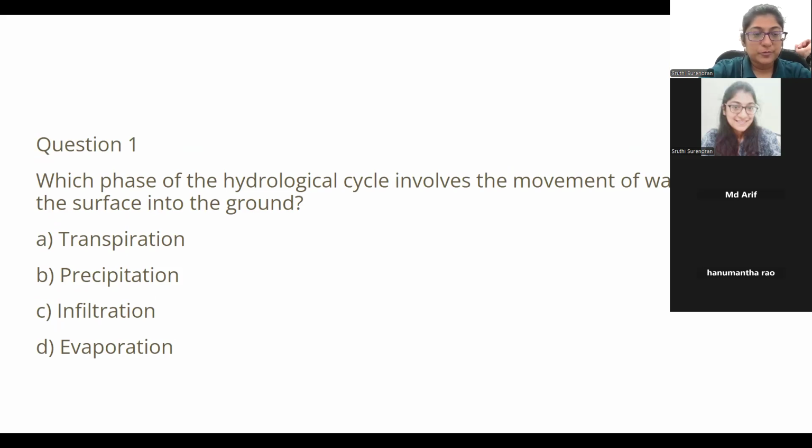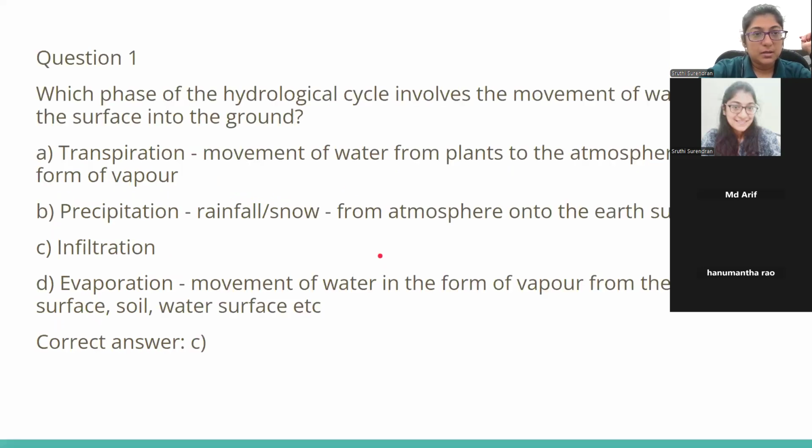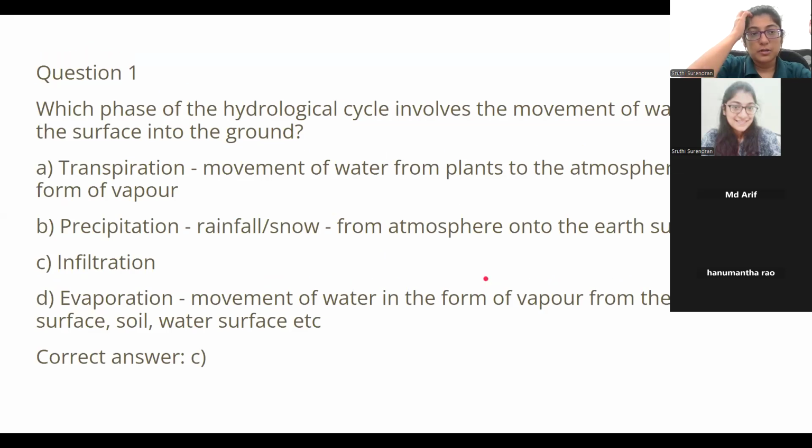So the correct answer is option C, infiltration. We know what transpiration is. Transpiration is the movement of water from plants. Plants take up water from the soil and then it will travel through the plants onto the leaves and it goes out from the leaves, evaporates. So you can say it transpires out of the leaves.